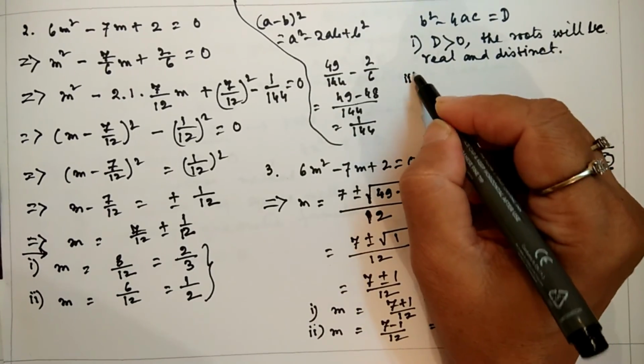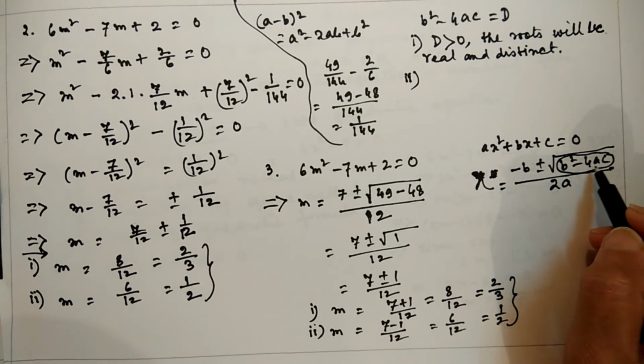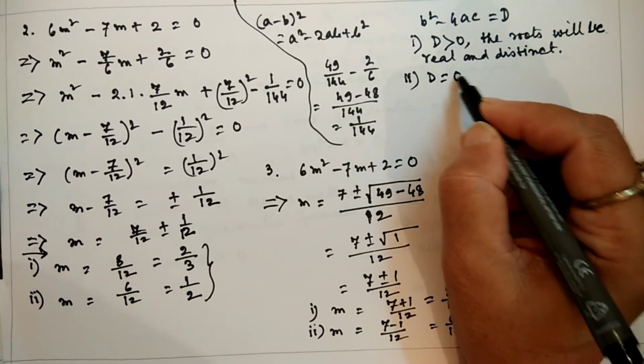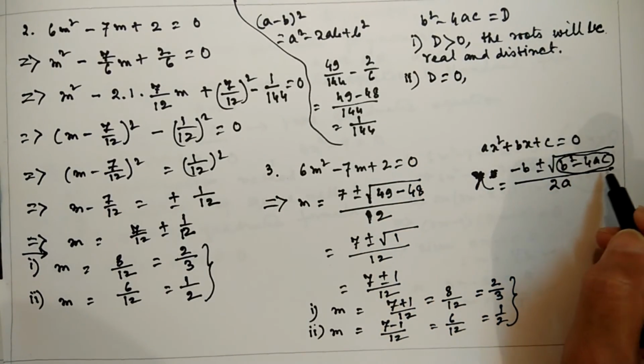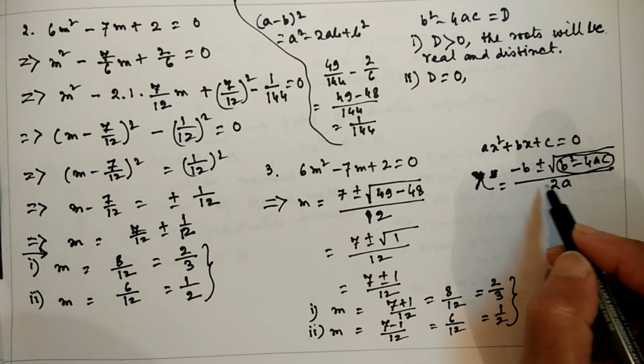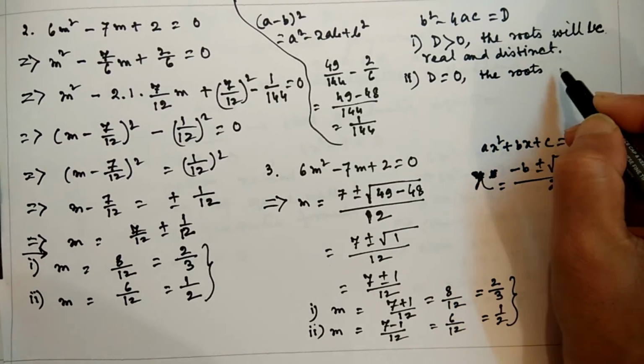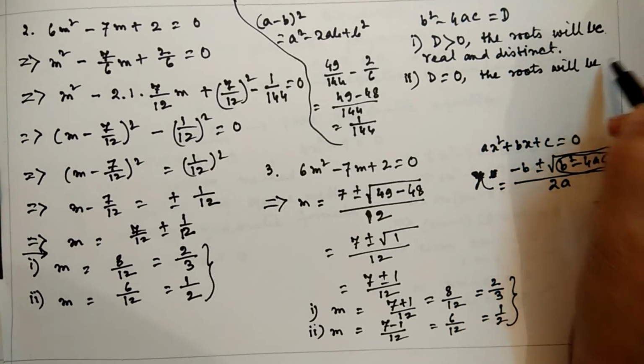Number 2, if b square minus 4ac becomes 0, means b square is equal to 4ac, then if D is equal to 0, this part will be 0. So both the roots will be equal, minus b plus minus 0 by 2a. So in that case the roots will be equal.